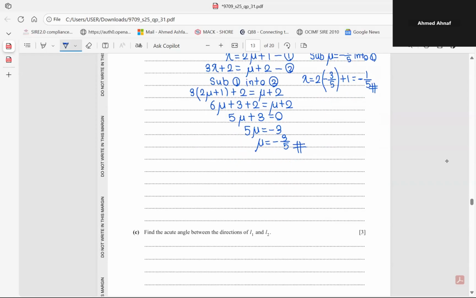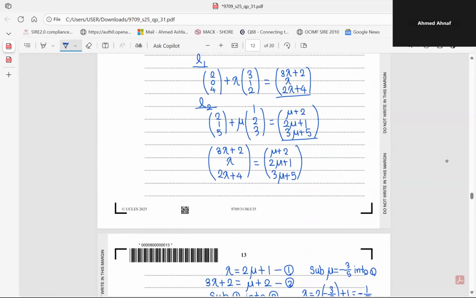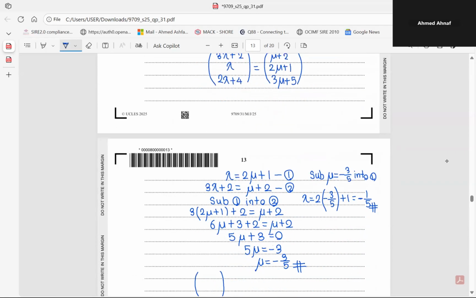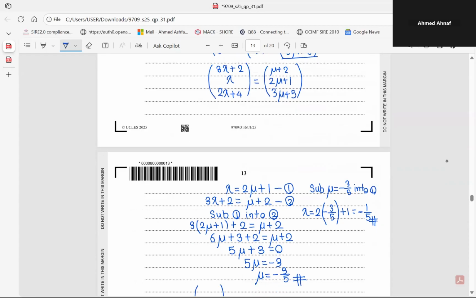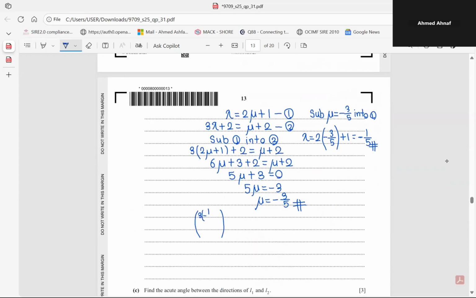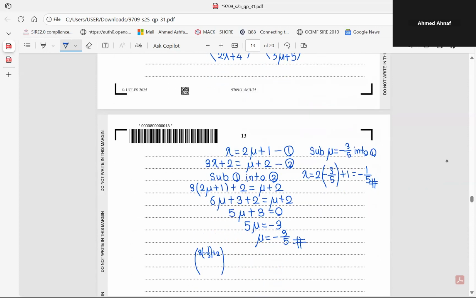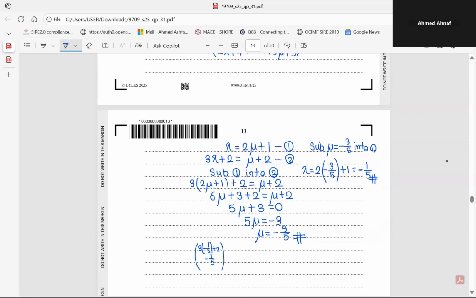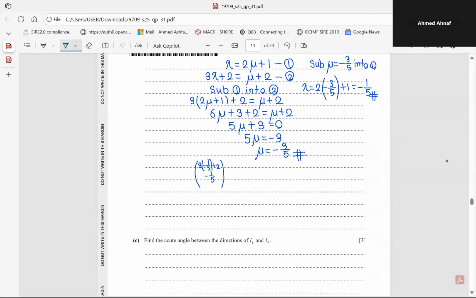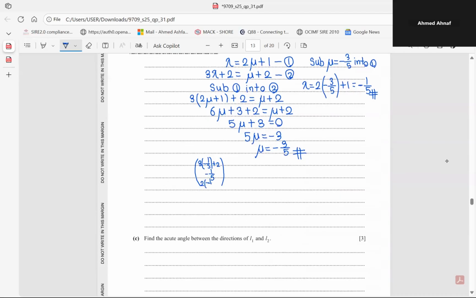Now we substitute them. For L1, 3 lambda plus 2 is 3 times minus 1 over 5 plus 2, then lambda is minus 1 over 5, and 2 lambda plus 4 is 2 times minus 1 over 5 plus 4.